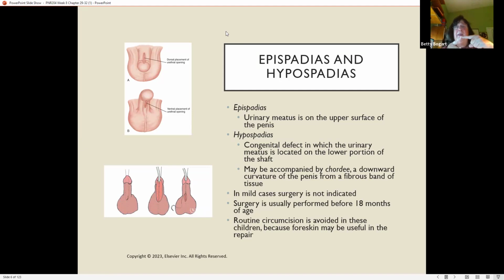With epispadias, it comes out the top somewhere, not a certain place, but nothing out the tip, but somewhere on top. And hypospadias is somewhere on the bottom. Now, if it's almost there, they're not going to do anything. But many of them are quite significant where they're urinating out of.